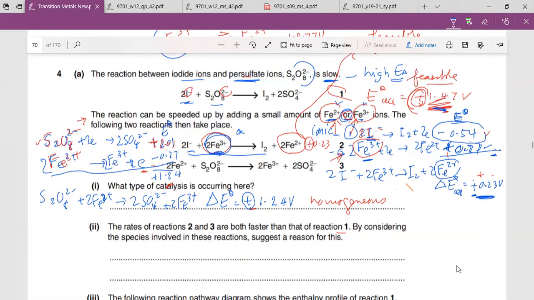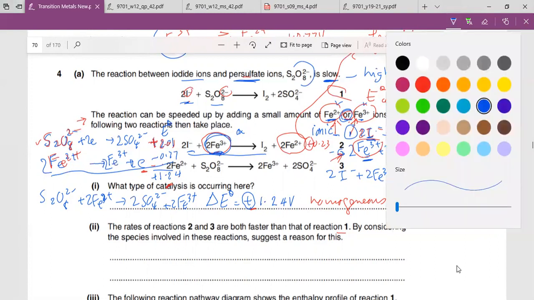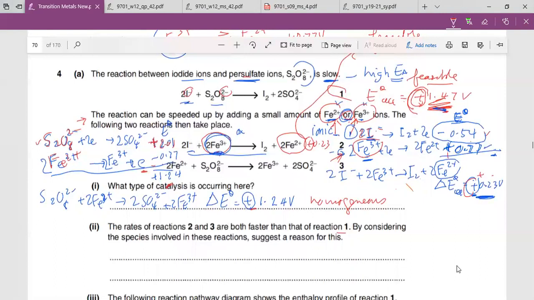For this reaction to occur, the whole thing here must be positive. I'll put red color. Positive. That means the E0 here must be, remember, this is fixed. Minus 0.54 is fixed because it's I minus. So you must have something here, iron or cobalt or chromium or whatever, with a value bigger than minus 0.54, so that it is positive.